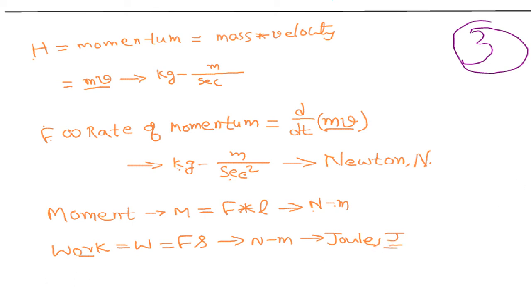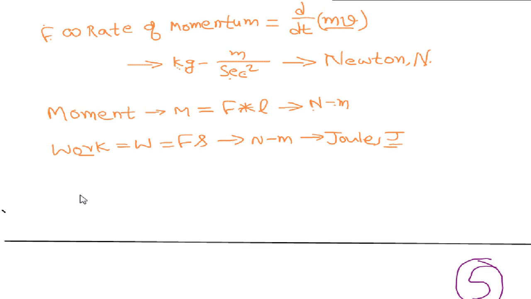In addition to this, we may consider another derived unit which we call power, often represented by the symbol P, which is work done per unit time, or energy per unit time.